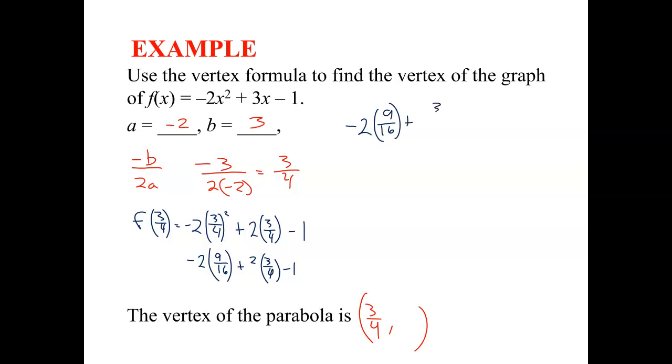All right, so 3 over 2. And shouldn't you times negative 2 by 9 over 16? So negative 18 over 16. 6 over 4, which reduces to 3 over 2, right?